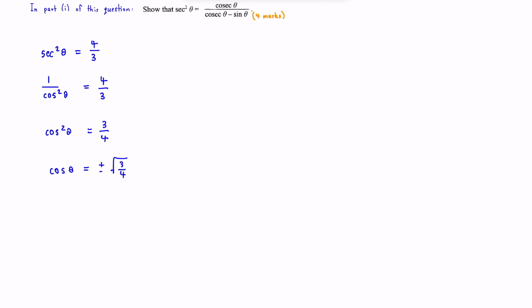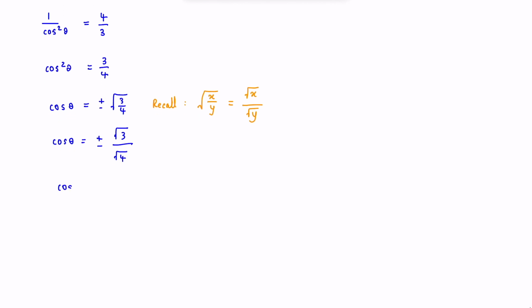And we can recall this handy little rule, and we're going to apply it now. And we know that we can simplify √4 because we all know that that is equal to 2.